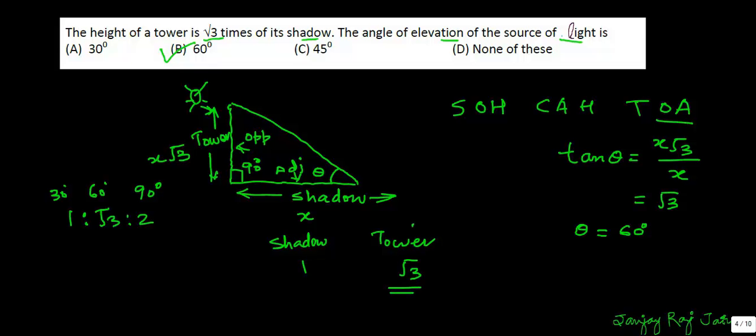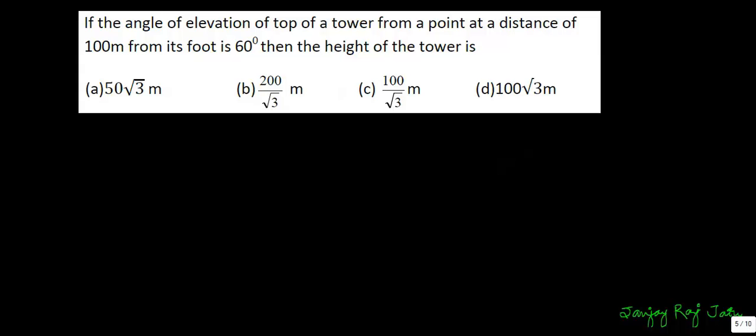So we clearly know that the angle opposite to this side, that is the angle in question, theta, is going to be equal to 60 degree. So without solving this question, we could have said that the answer would be 60 degrees. Alright, so this is the use of this ratio. But you need not remember this if you cannot do it easily. If you find it difficult, then use SOHCAHTOA rule. Alright, let's move to next question.